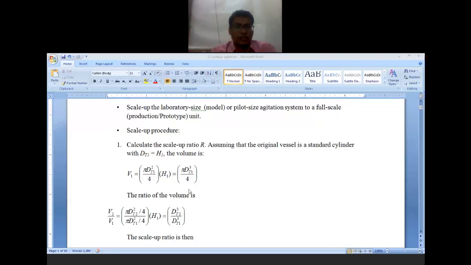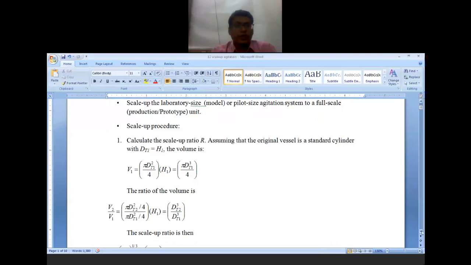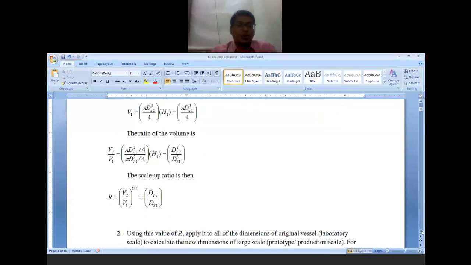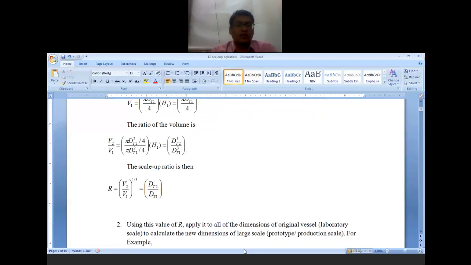After simplification of this, you will get this. So the scale up ratio R is nothing but the diameter of tank 2 to the diameter of tank 1, which is equal to the volume of tank 2 upon volume of tank 1 raised to the 1/3.